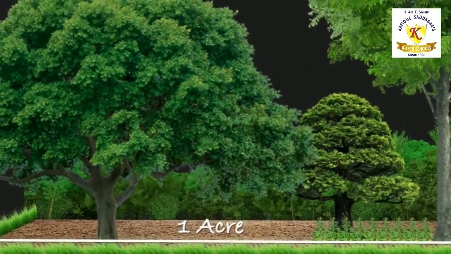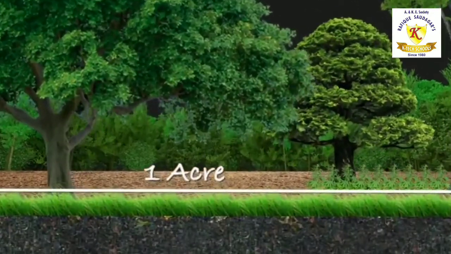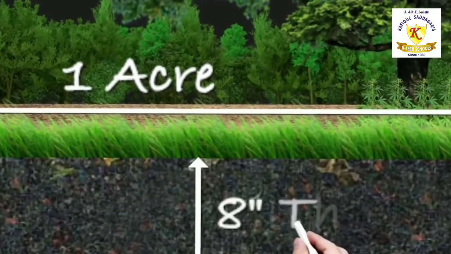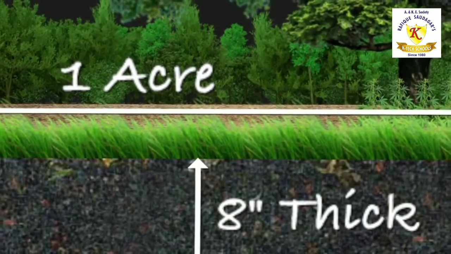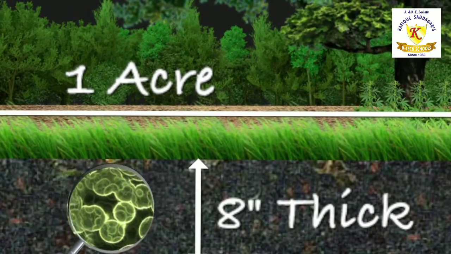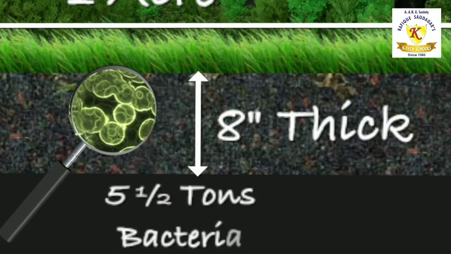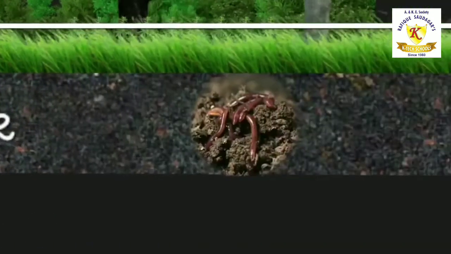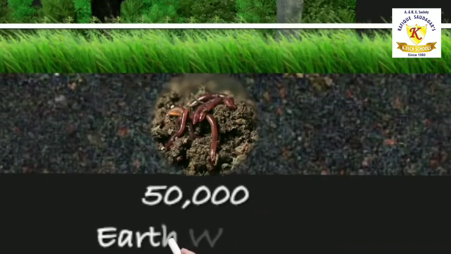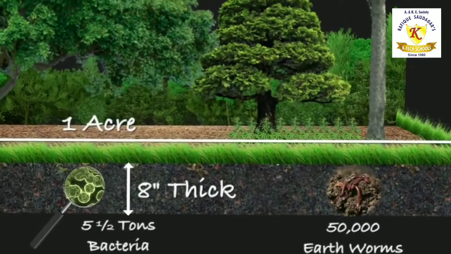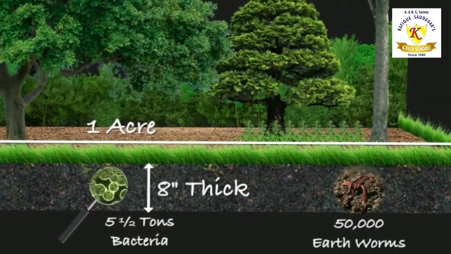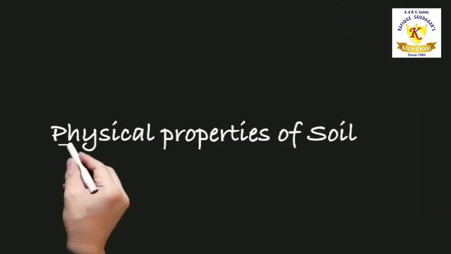In 1 acre of land, the topsoil is about 8 inches thick, and there exist about 5.5 tons of bacteria and about 50,000 worms, that is, earthworms. Isn't it amazing? Did you know this, children?